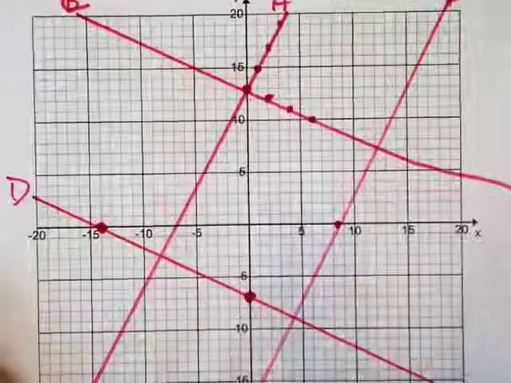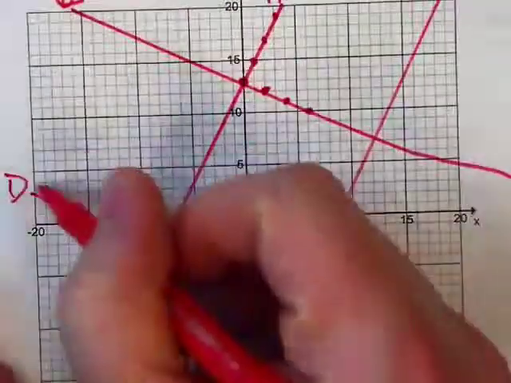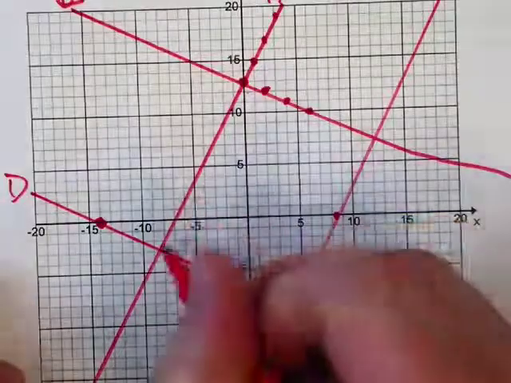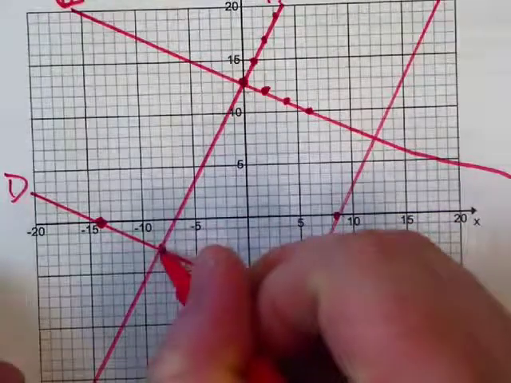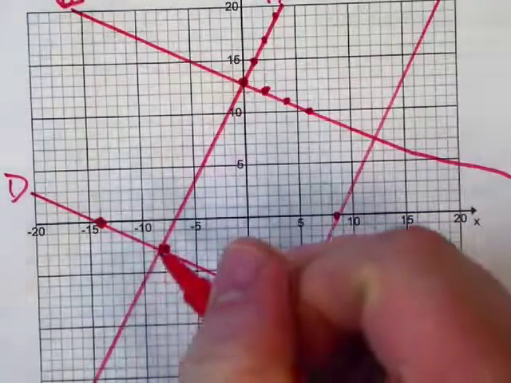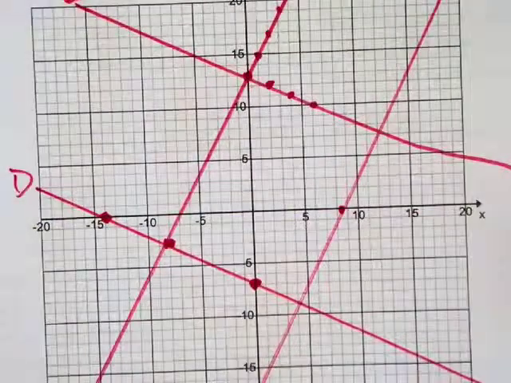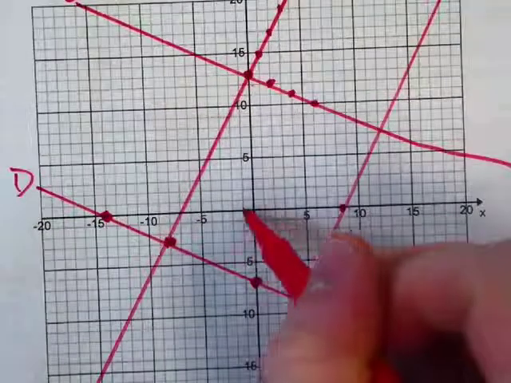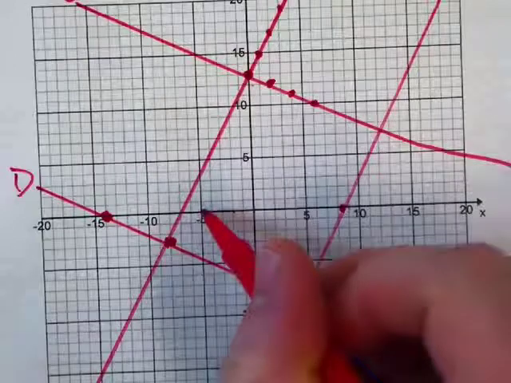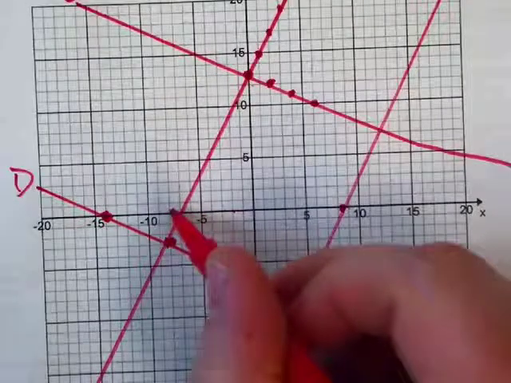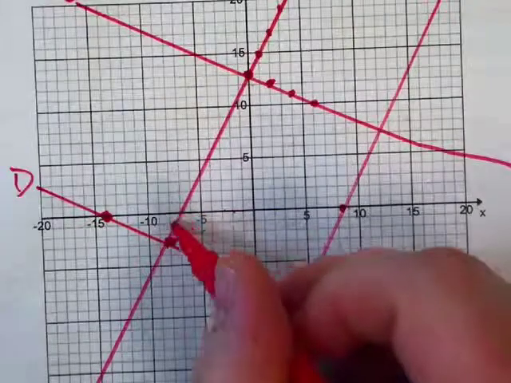So I look here, I look on my graph, and I say, okay, A is right here. D is right there. They cross right here. Okay? And if we look carefully, we can say, hey, what is that? That's negative 1, 2, 3, 4, 5, 6, 7, 8, and negative 1, 2, 3. 8 and negative 3.